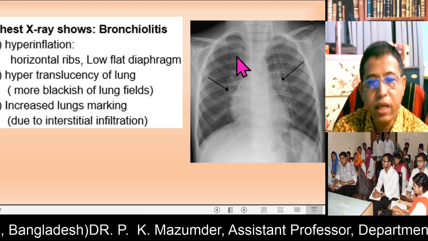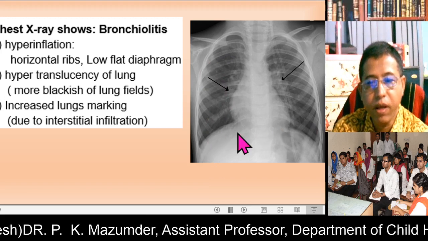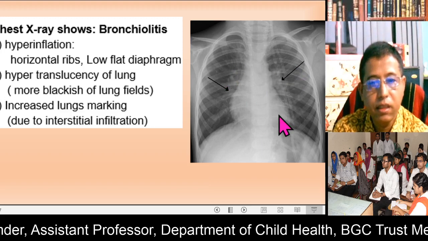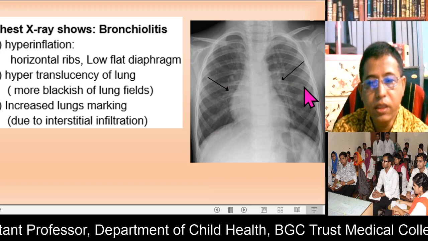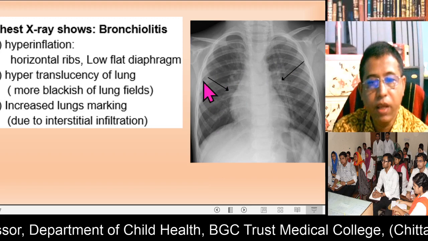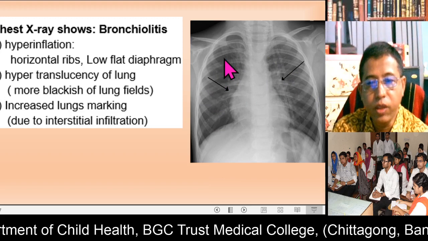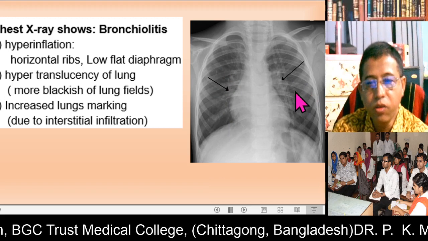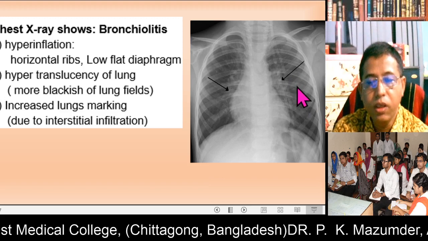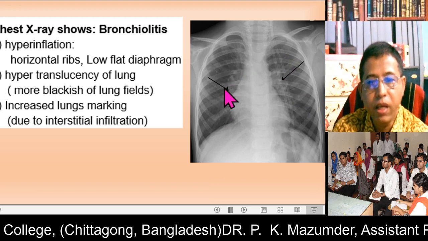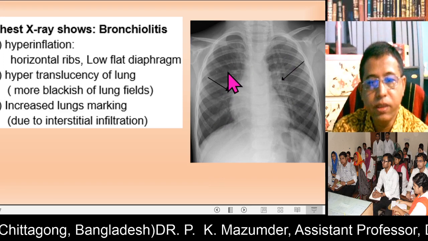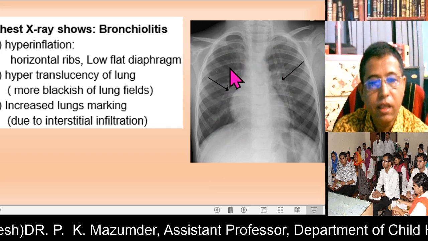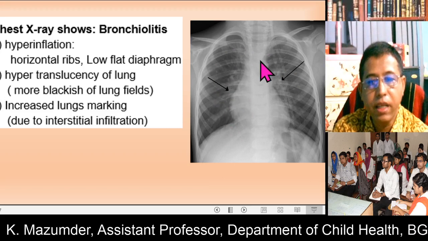There are horizontal ribs and a low flat diaphragm, which indicate a hyperinflated chest, and hypertranslucency, which is increased blackness of the lung fields due to air trapping, and increased lung markings due to interstitial inflammation. So there are 3 characteristic signs: hyperinflation, hypertranslucency and increased lung markings, which indicate the findings of bronchiolitis.